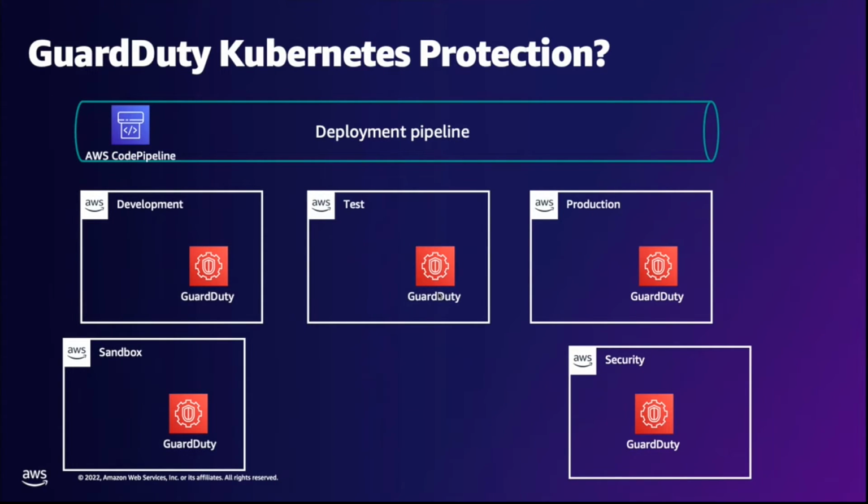So I wanted to highlight a few different ways you may consider using GuardDuty and its detections for the EKS audit log. So think about this. You have a deployment pipeline, AWS CodePipeline, and GuardDuty has integrations in place with all the log file sources that support GuardDuty to consume and process all of this.